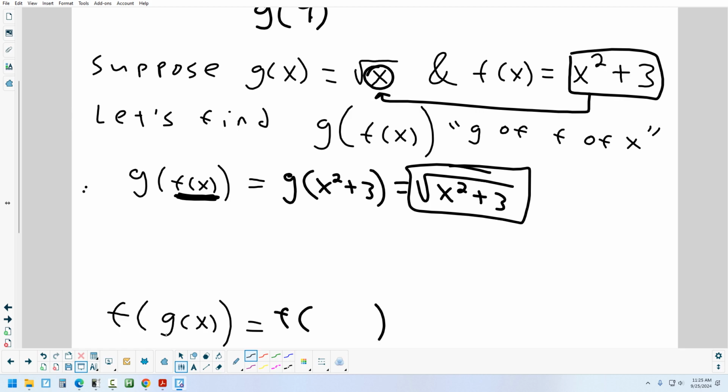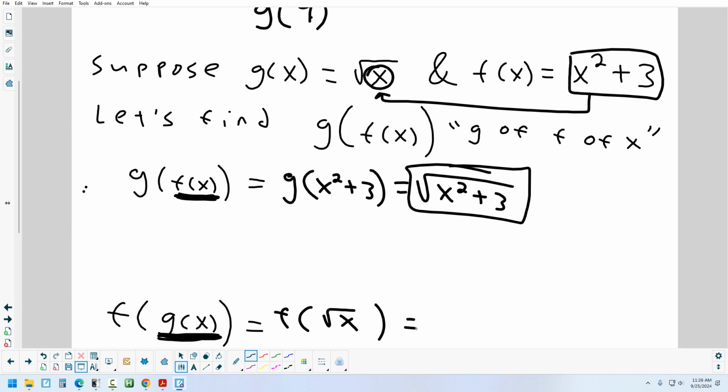So start with this inside function. Look up above. What does it tell me that g of x is equal to? Square root of x. So I'm just replacing the name of the function, g of x, with what it actually is from up above.